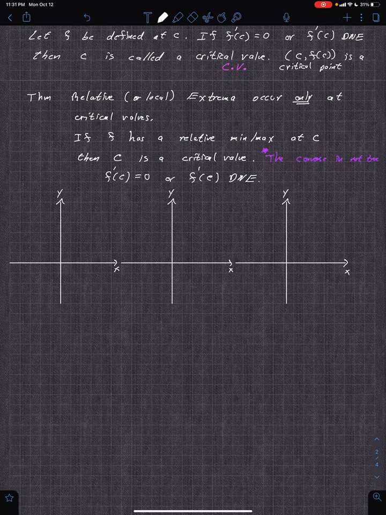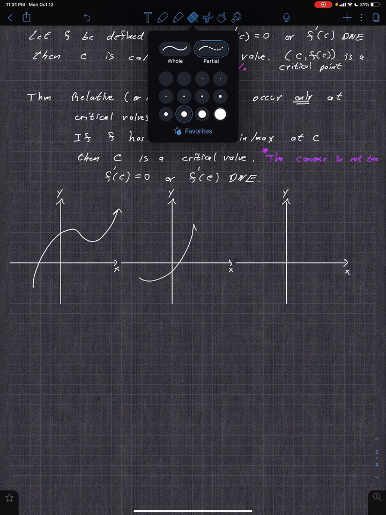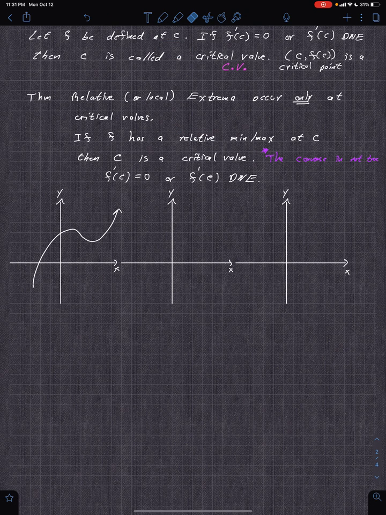All right, so you have different cases. This is for local max or min. So you have local max or min here. You could have a cusp coming down like this. And then you could have something like this too.